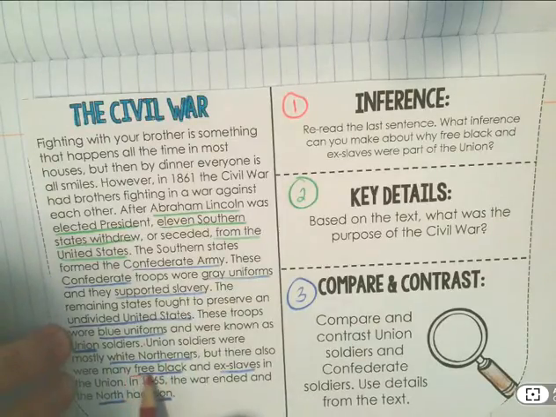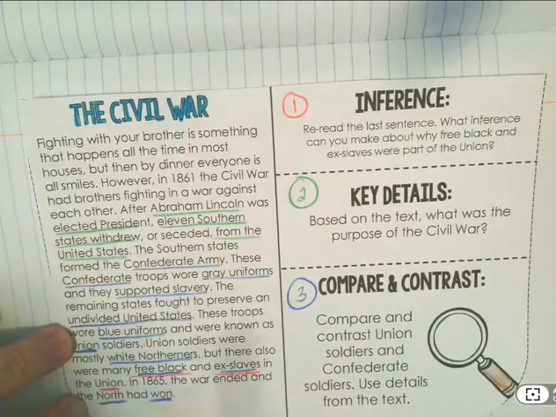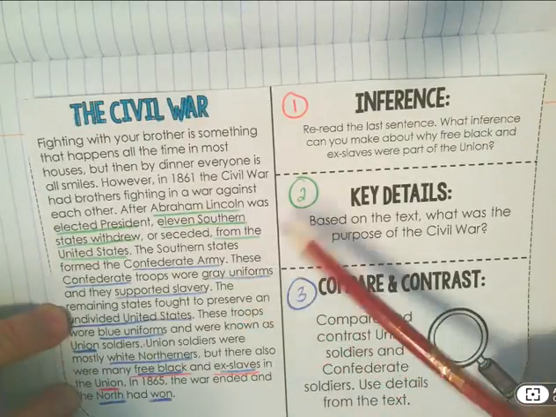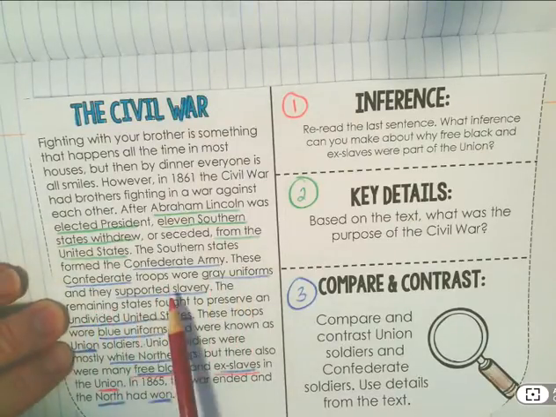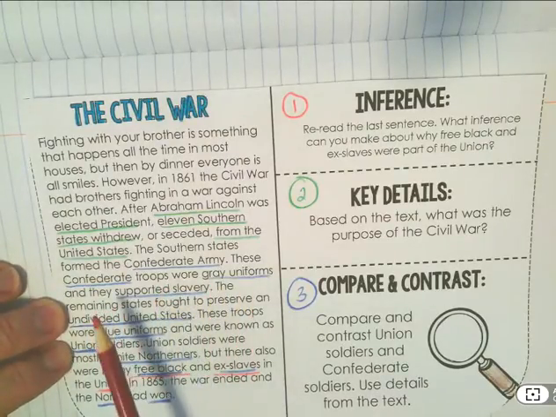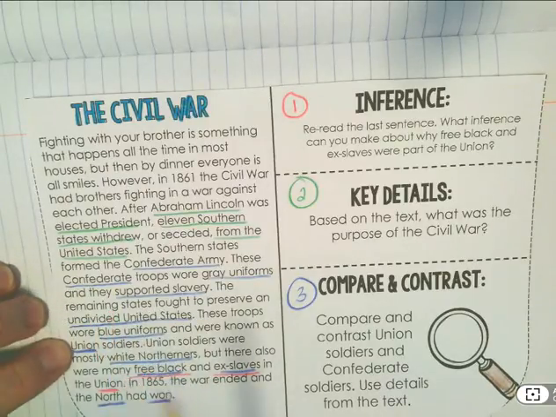So we have those free black and ex-slaves in that Union. A little bit higher, it had said that the Confederate troops wore gray uniforms and they supported slavery. So the Confederates felt like slavery was okay, whereas your Union felt like it needed to stop.